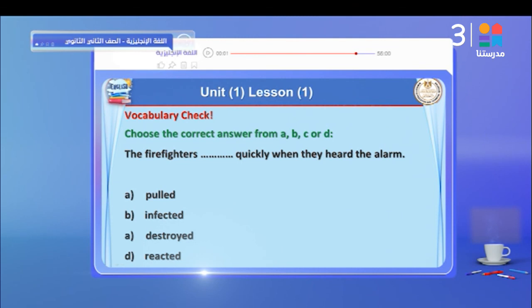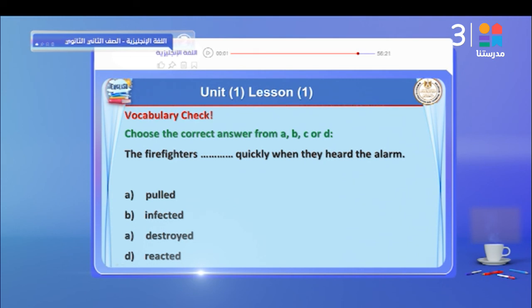Okay? So, next, the firefighters space quickly when they heard the alarm. The firefighters, who are the firefighters? People who extinguish fire. So firefighters what quickly when they heard the alarm? Pulled, infected, destroyed, reacted.